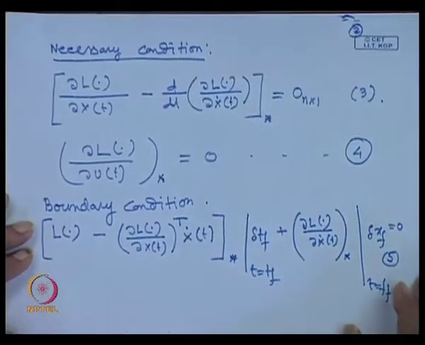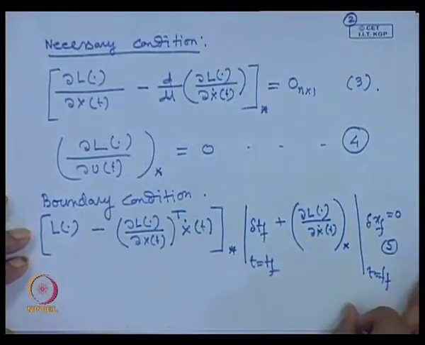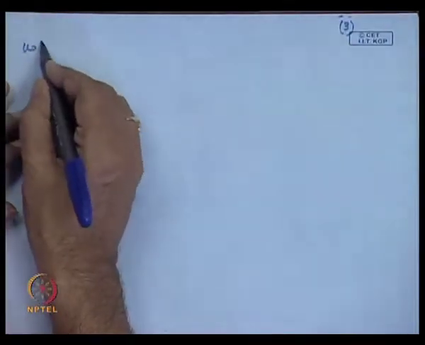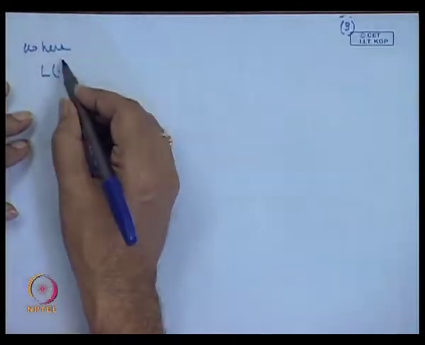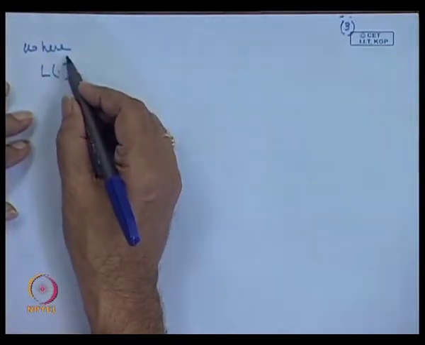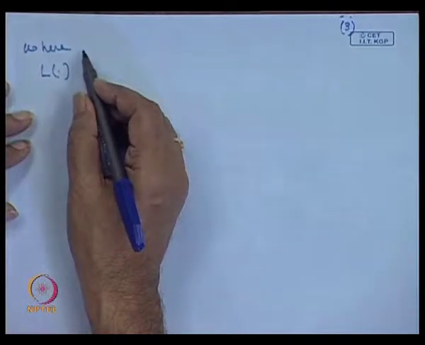And we know what L is. The L expression we have written in terms of Hamiltonian function, where L is a function of x of t, u of t, lambda of t and t.